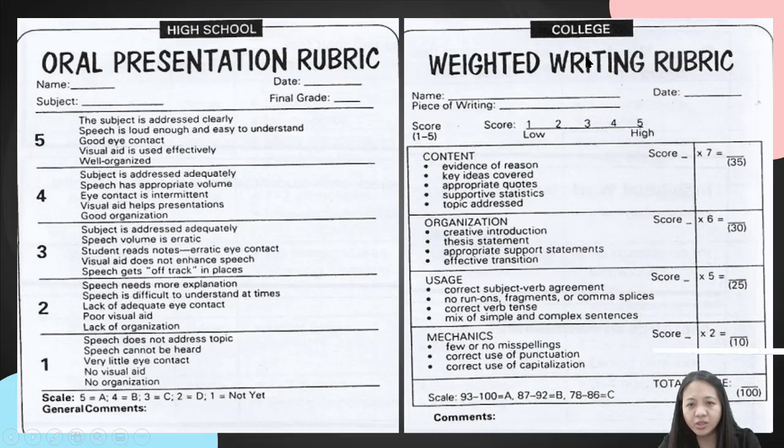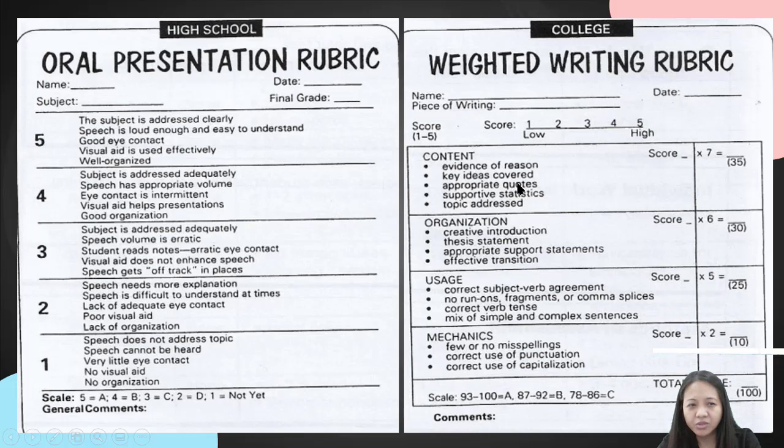And then college, this one is more complicated because you also have the calculation of each score, so that students can score it by themselves. And in this one you have the score from low to high, 1 to 5.